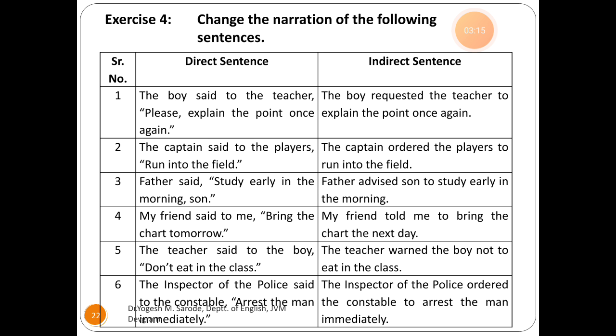Now, please explain the point once again. This segment, that is reporting speech, will be replaced by putting the conjunction word to, and the rest of the sentence will be as it is, with a full stop at the end. So the boy requested the teacher to explain the point once again. That's all. So these are very simple type of sentences.